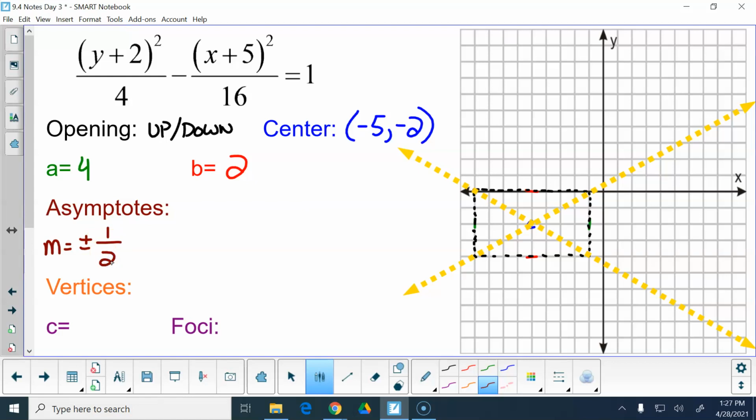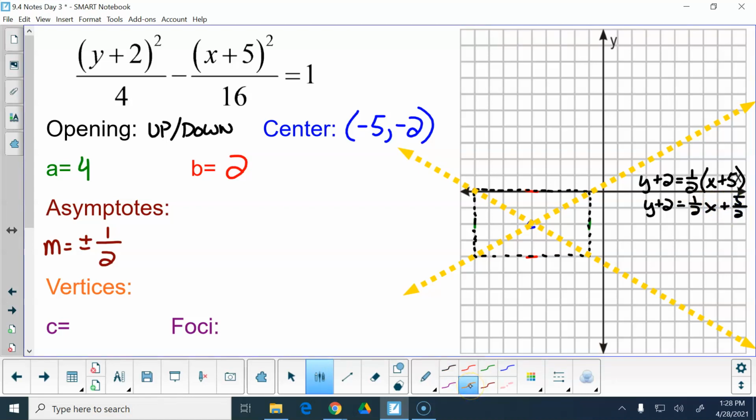Okay? So then I'm going to come over here and we got some y plus 2 equals positive 1/2 times x plus 5 going on there. So that's going to be y plus 2 equals 1/2 times, oops, I needed an x there, x plus 5/2.